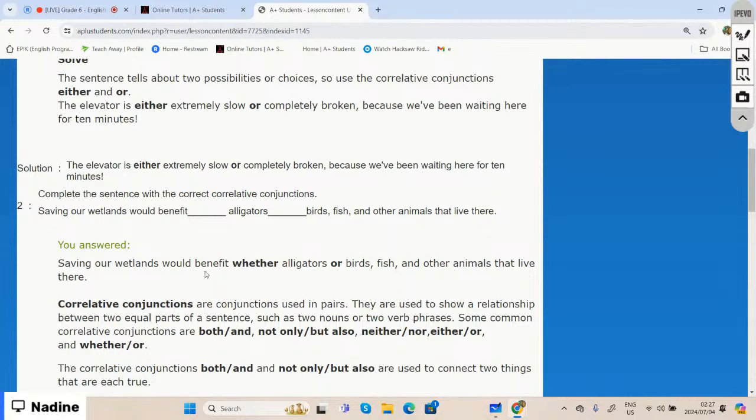And if we were to look at that one that says complete the sentence with the correct correlative conjunction, saving our wetland would benefit not only alligators, but also birds, fish, and other animals that live on it.